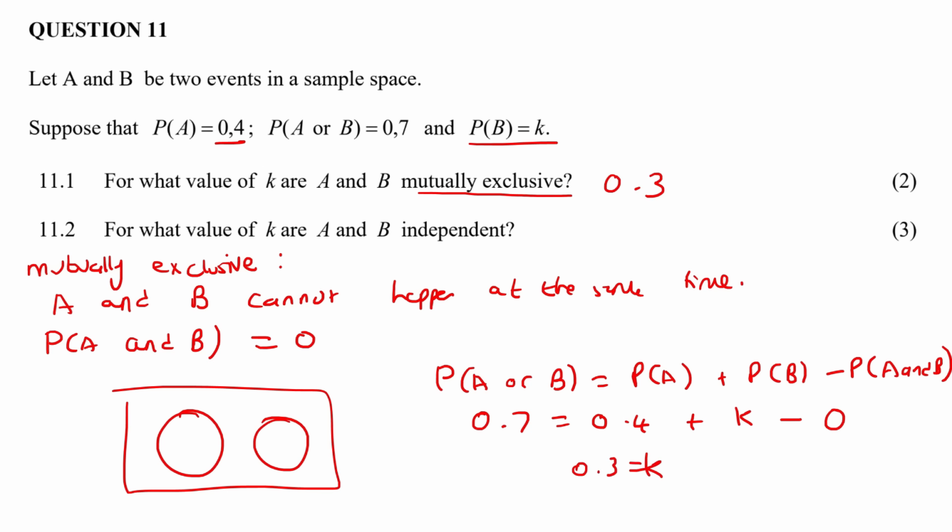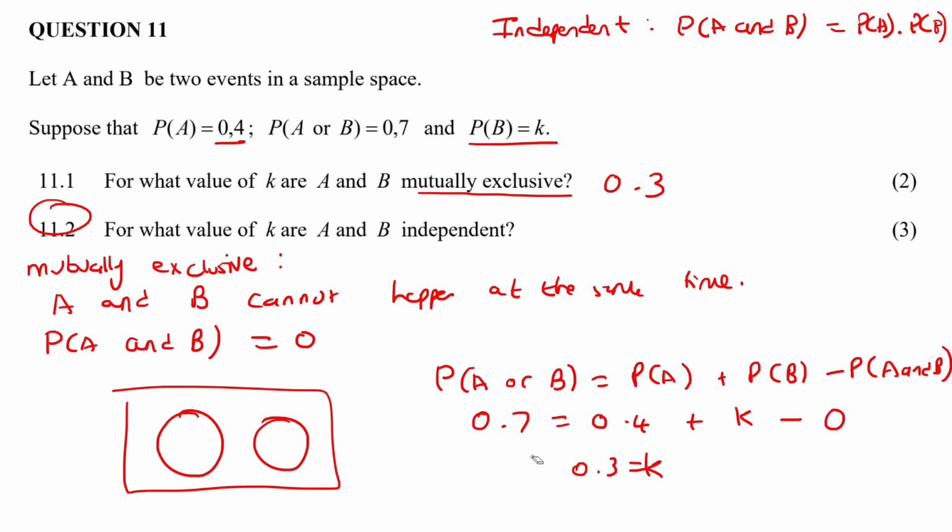This next one says, for what value of K are A and B independent? Now, independent, you must remember, it just means the following. It means that the probability of A and B is equal to the probability of A multiplied by the probability of B. That is what independent means.